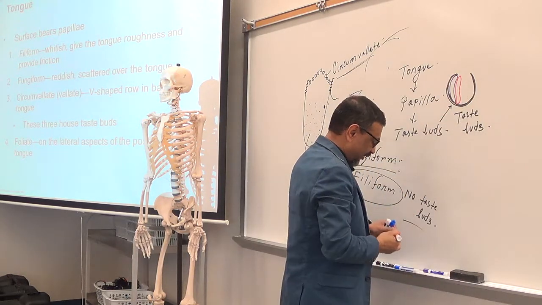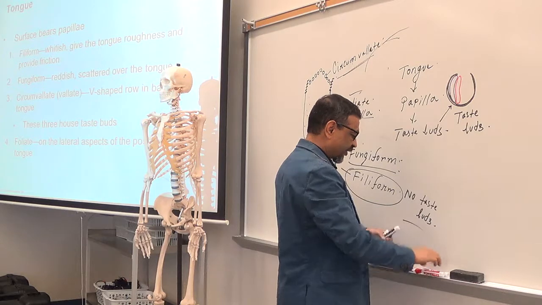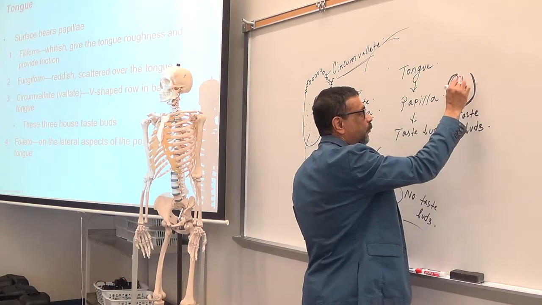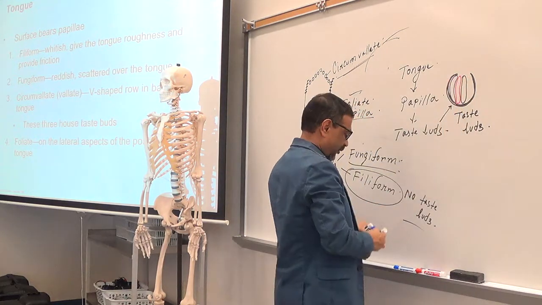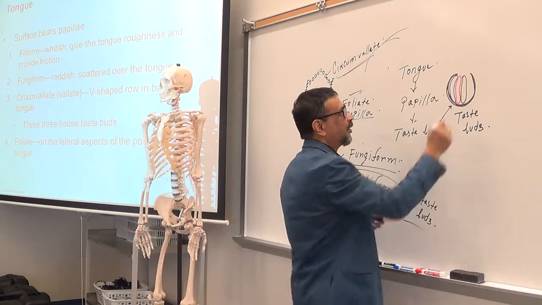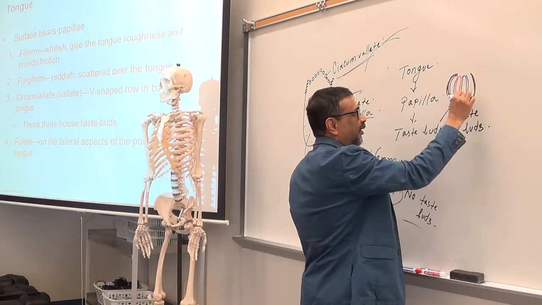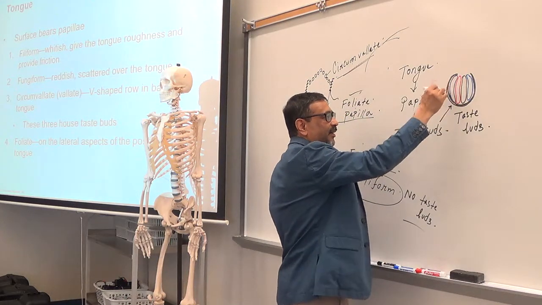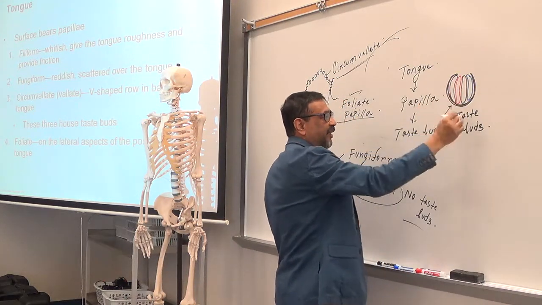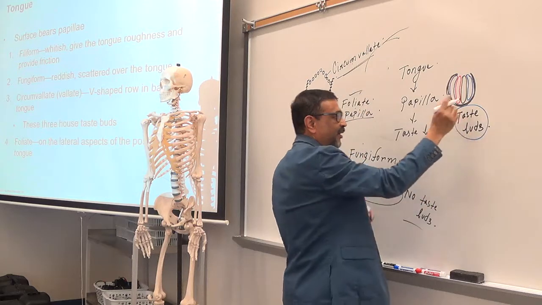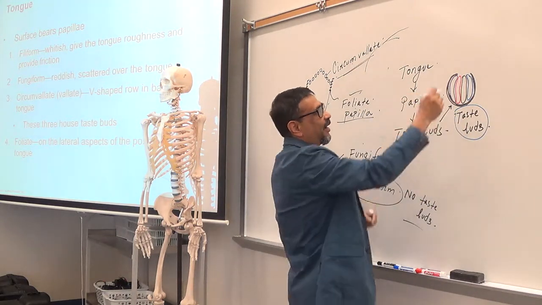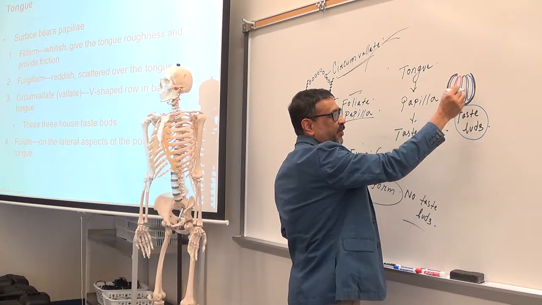Okay. These are the taste receptor cells. This is another one. This is another one. So this whole thing is like an orange, that is the taste bud, and if I peel the skin, I'll see the taste receptor cells.